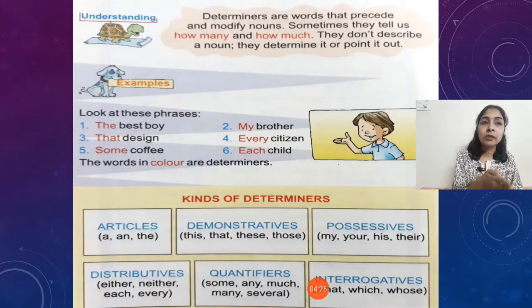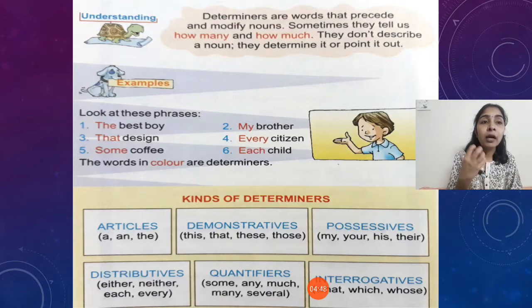Then come the demonstratives, which point out the noun. Examples: this, that, these, those. We have the example here also, that design. Next are the possessives, which tell in whose possession the noun is. Here my, your, his, their come in the possessives.